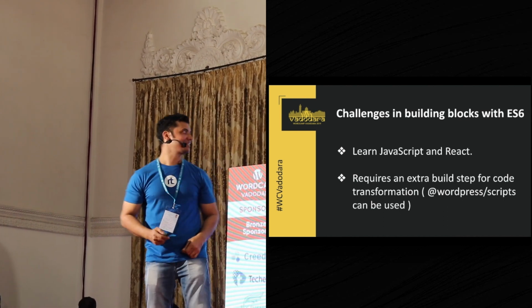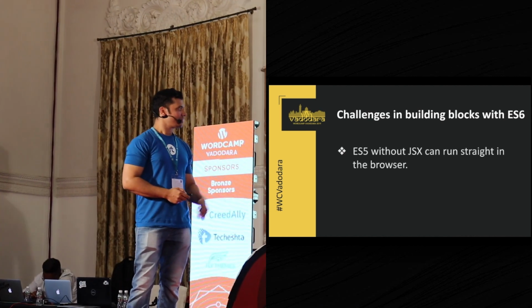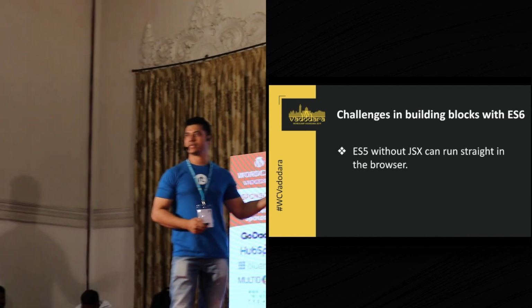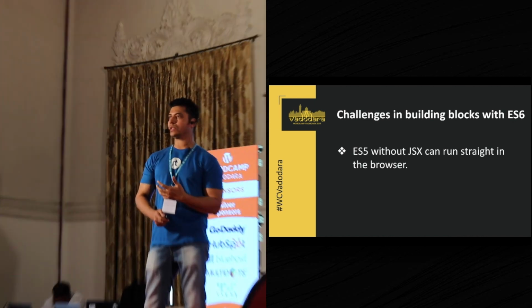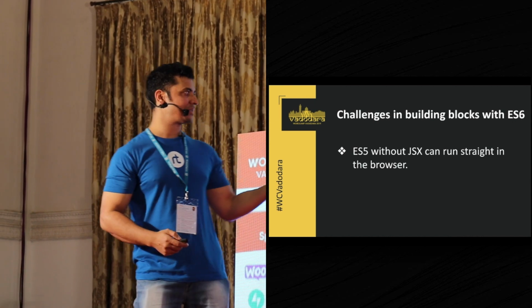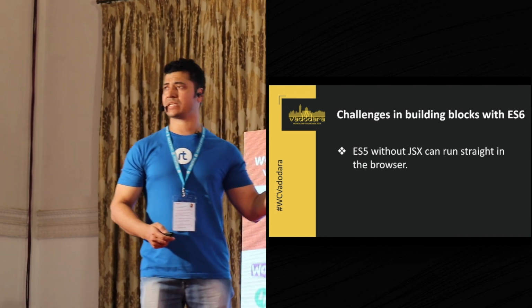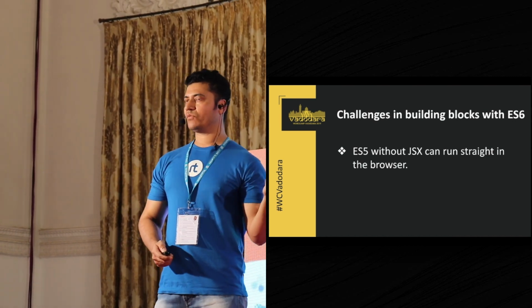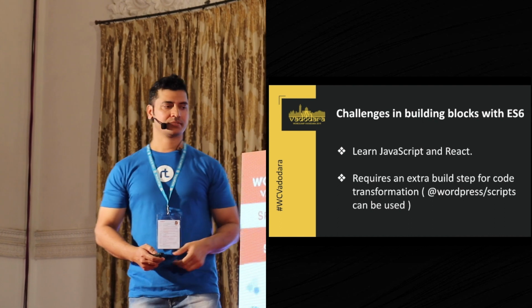IE. Absolutely. Okay, awesome. WordPress initially didn't have this available, and we had to do all the building of these things ourselves. But later on, WordPress came with a package called WordPress Scripts, and that does all the heavy lifting for us.